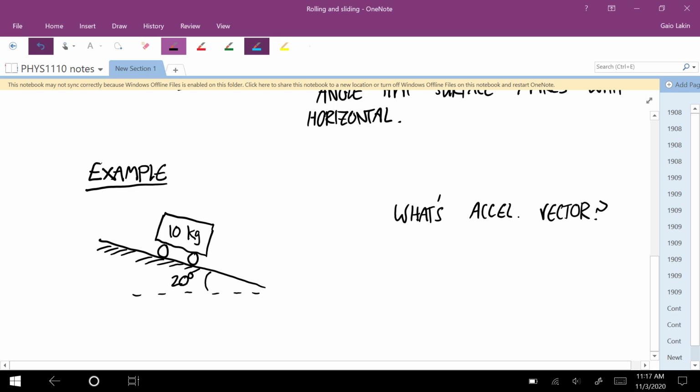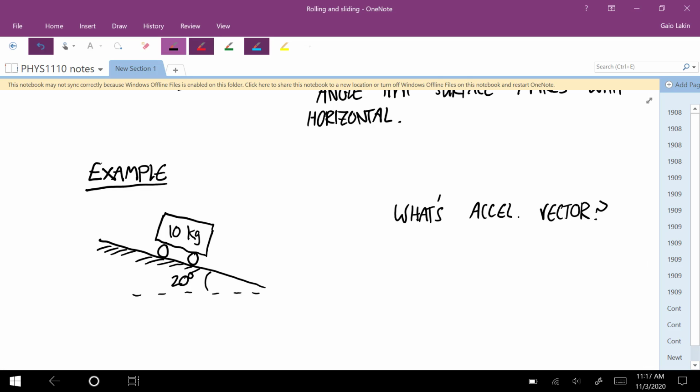By the way, you'd see that no matter what mass you used, if you tried 20 kilograms, 5,000 kilograms, half a kilogram, all the accelerations would be the same. It doesn't matter, but I'm just putting that in there so we have a number to put in.